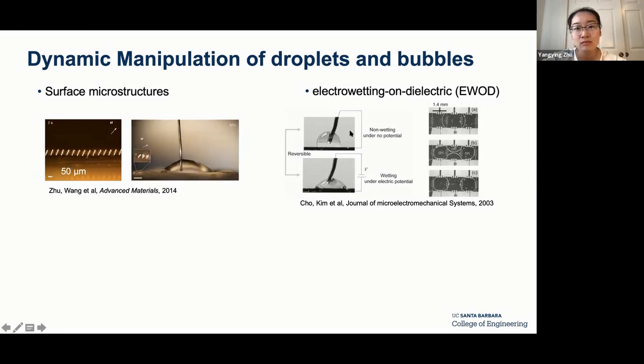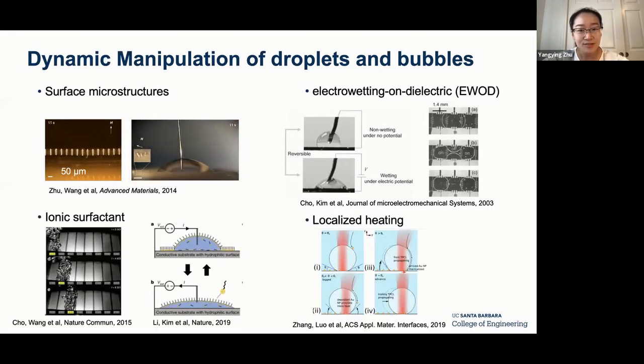However, in electrowetting also, the main limitation is that usually you need hundreds of volts. You need a really high voltage. And so this is subject to concerns over longevity and what if the dielectric layer breaks down. So that led to a few recent really nice works using ionic surfactant as well as localized heating.